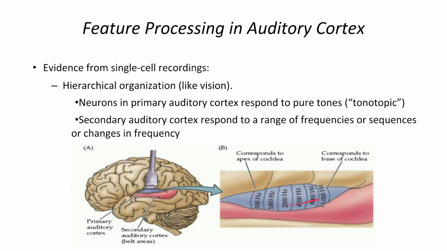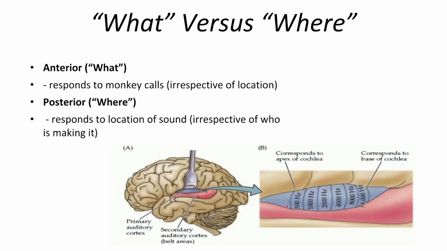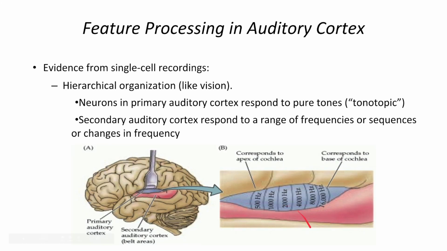Now, these neurons in primary auditory cortex respond to mainly pure tones, that is, individual frequencies. That's, again, this tonotopic relationship. As we move out from primary auditory cortex, the organization is very much like vision in that it's hierarchical.